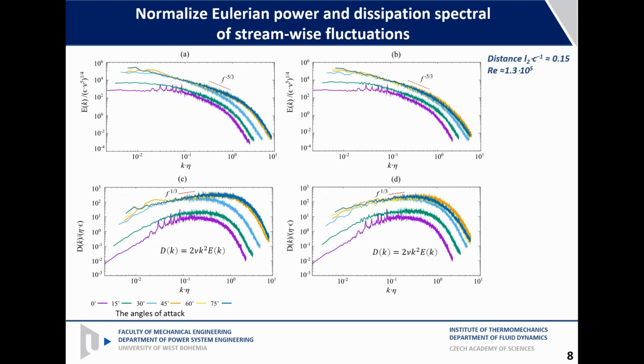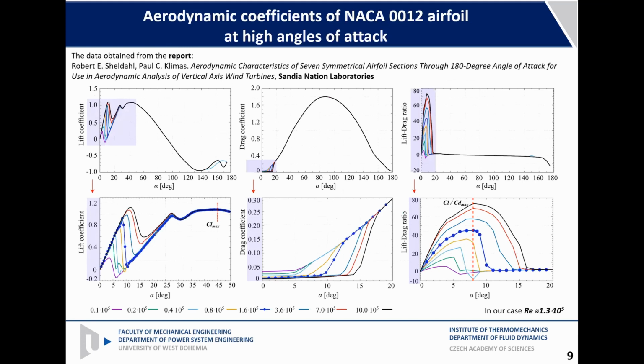As I said earlier, the optimum angle of attack is approximately 7 degrees. It can clearly be observed in a report from Sandia National Laboratories, where we can see the value of 7 degrees for the optimum lift-to-drag coefficient ratio. Also, take note that the maximum lift coefficient is observed at 45 degrees.